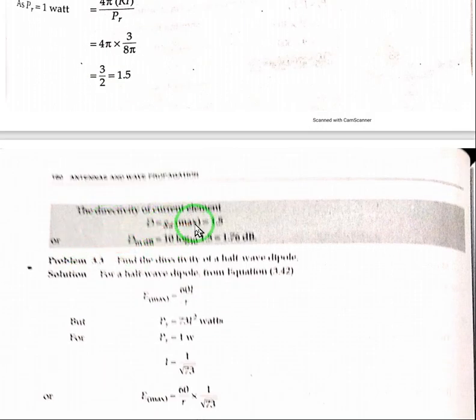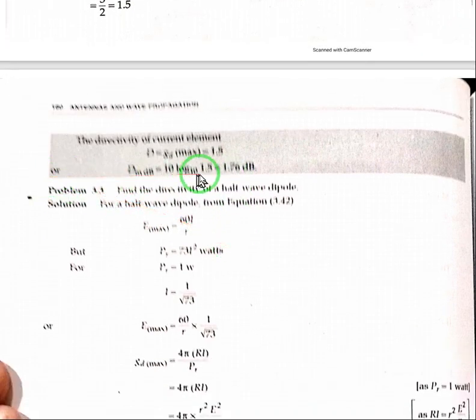So the directivity of the alternating current element, GT maximum, is 1.5, at received power taken as 1 watt. If we convert it to decibels, it becomes 1.76 dB.